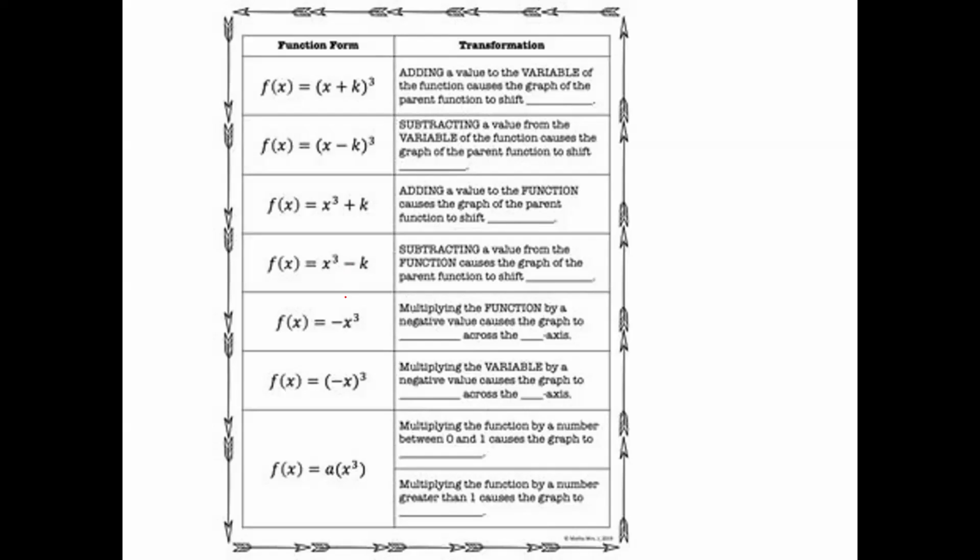So this negative right here just means that you're going to reflect about the x-axis, and if that negative is on the inside of the parenthesis, you're going to reflect about the y-axis. That a right there, in front of it, multiplies the function by a number between 0 and 1, so a is smaller than 1, which causes the graph to be wider or more compressed.